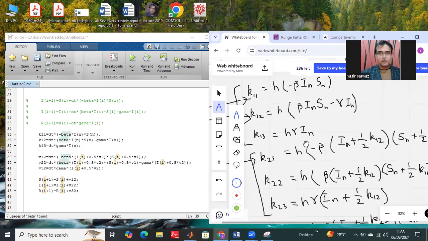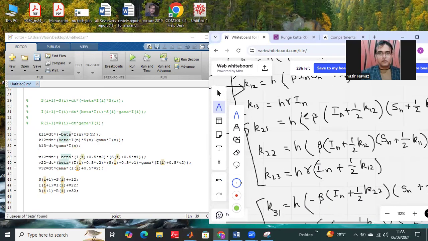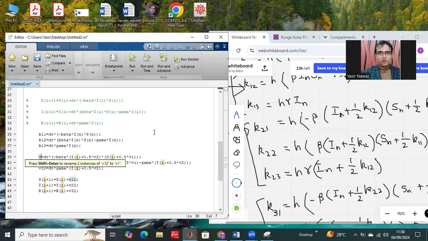And next is K21. K21 is dt times minus beta, In plus half K12, Sn plus half K11. Then the second stage is applied for all three equations.